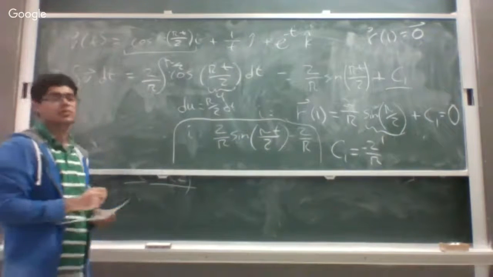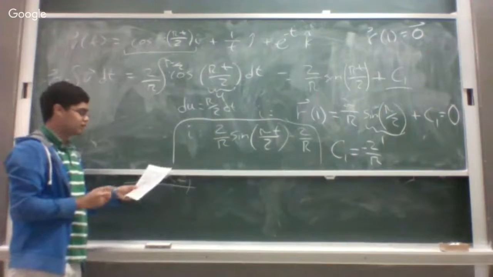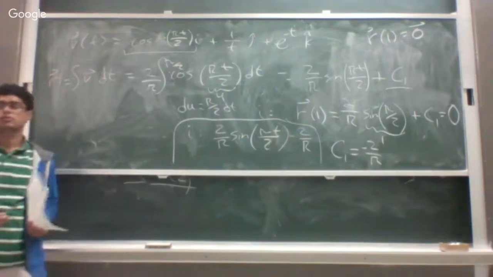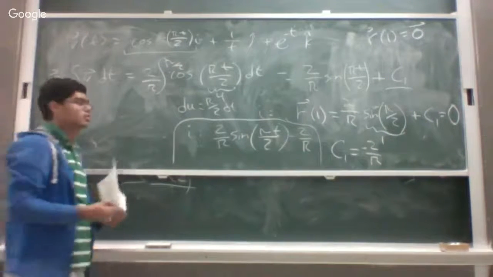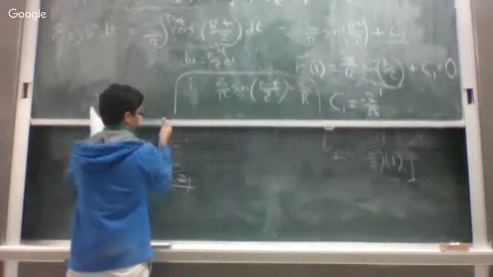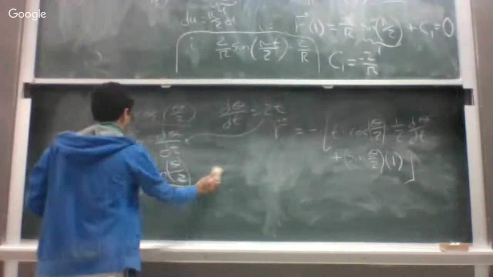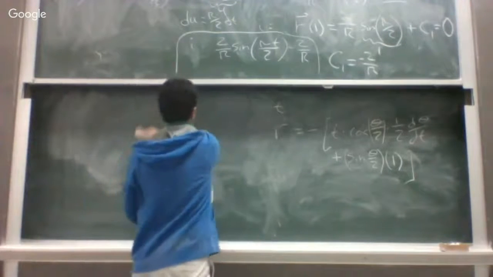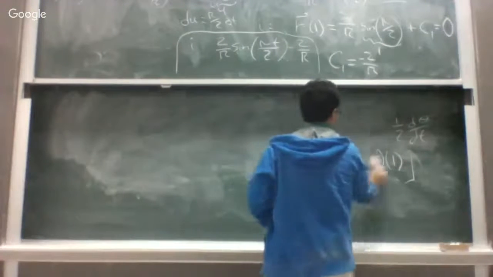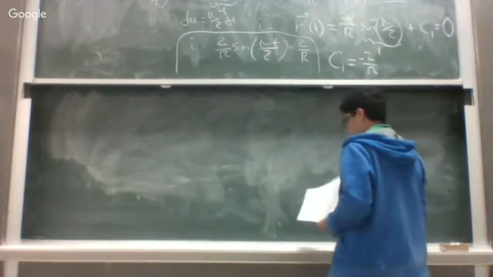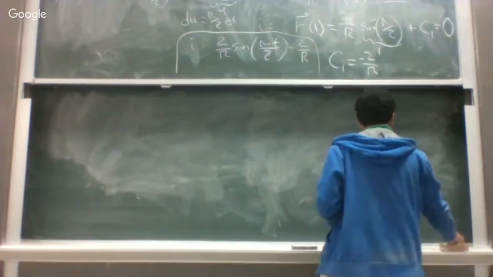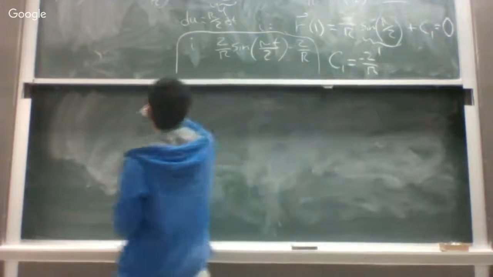And then you do that for j and k. I'll go through it. So that's our i component.